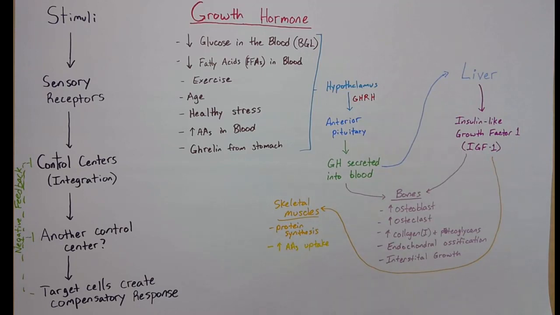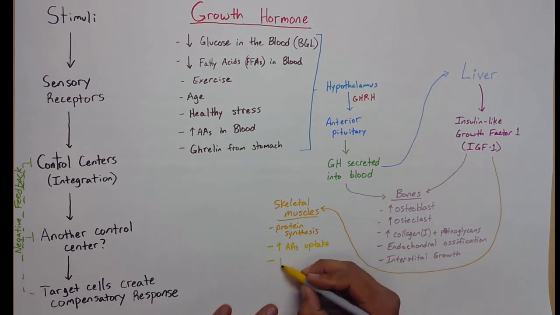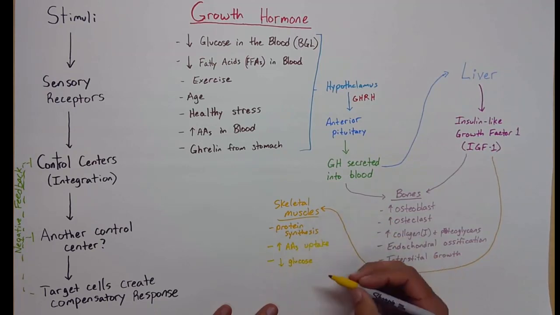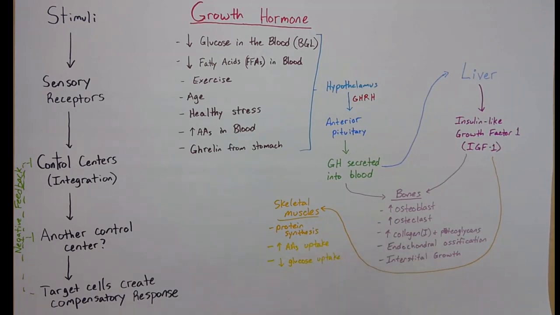At the same time, there's going to be something interesting that happens. We are not only uptaking more amino acids, but we are going to start to decrease the number of glucose molecules that go into our skeletal muscles. It's called a decrease in glucose uptake. And what this is doing is sparing glucose for the rest of the body.